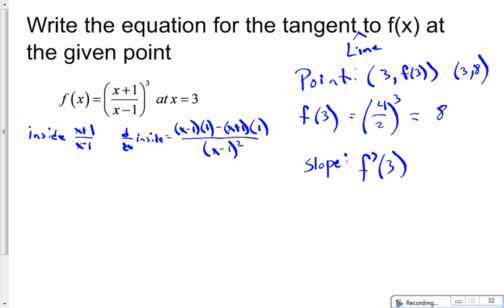Good? What's the outside function? X to the third. What's the derivative of that? Three x squared, right? Good so far?